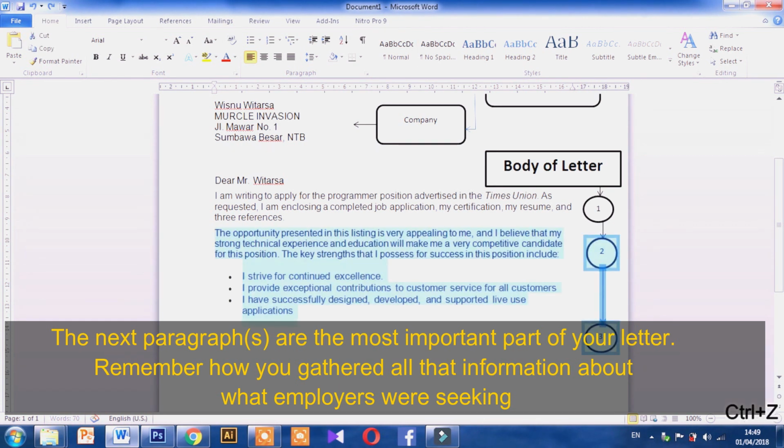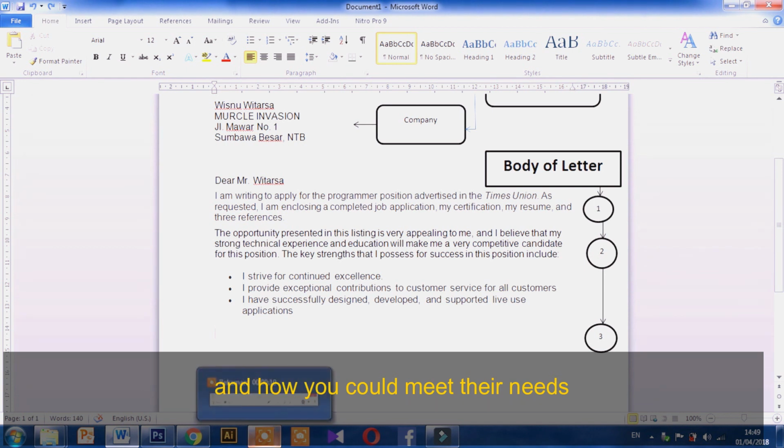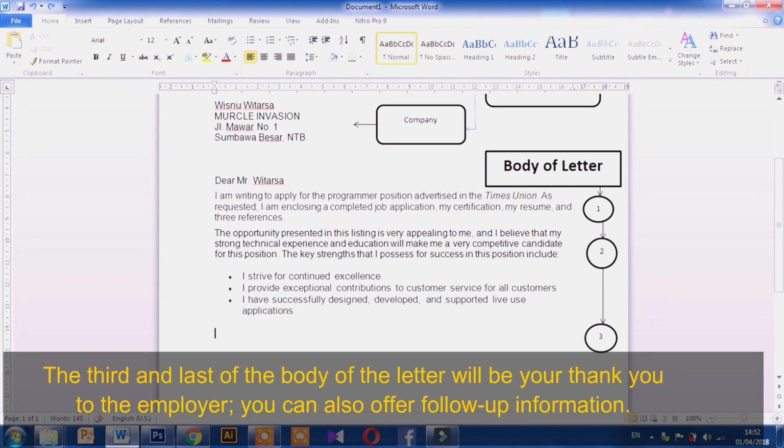Remember how you gathered all that information about what employers were seeking and how you could meet their needs. And the third and last part of the body of the letter will be your thank you to the employer. You can also follow up on the information.